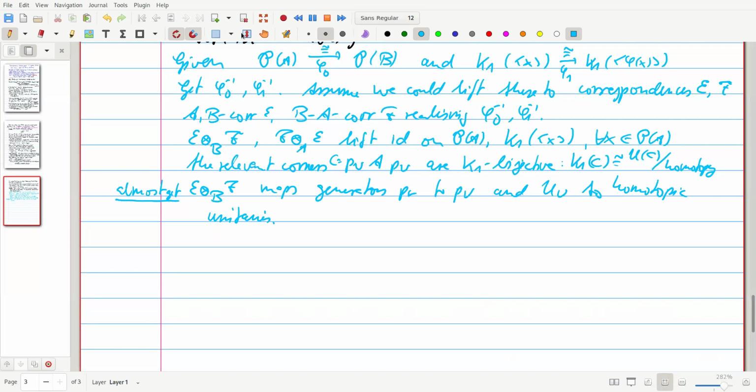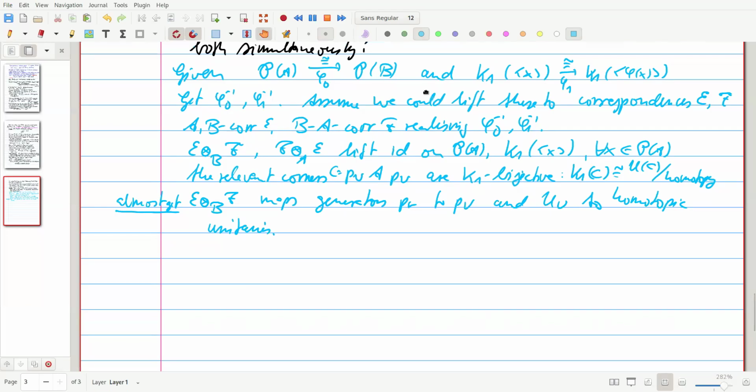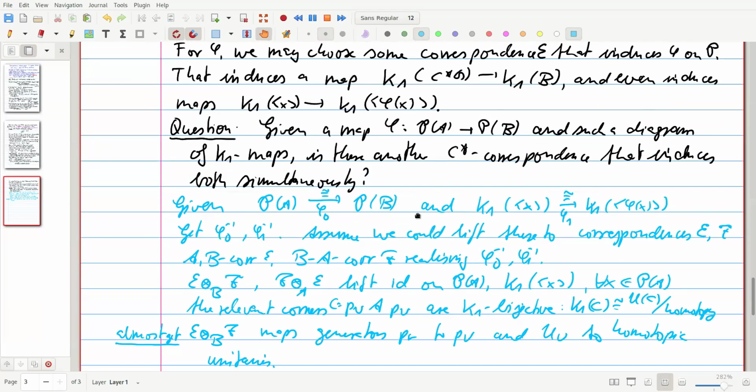So at the moment I was acting under an assumption which is maybe not true. If I could always lift these maps on the invariant to correspondences, then I could go back and forth, and the maps that I get from A to itself by going between A and B and back, well, I have no reason to believe that it is actually the identity map on A, but I have good reason to believe it is homotopic to the identity map, and I can in fact arrange for that to happen if I'm a bit more careful in the construction.